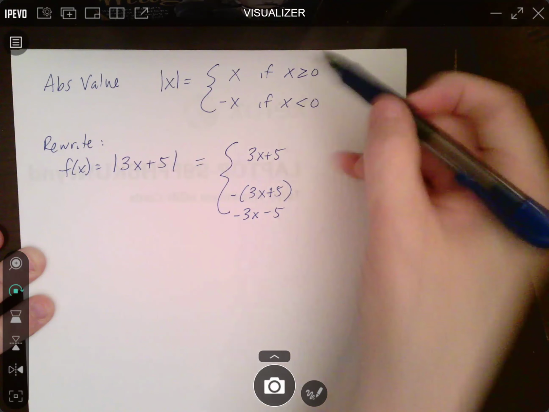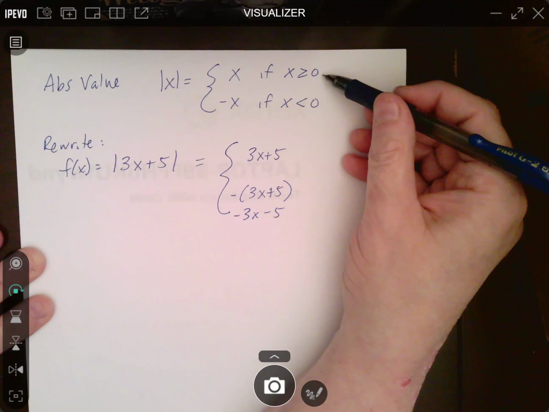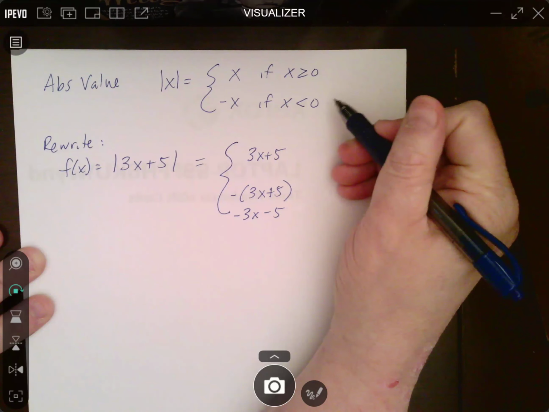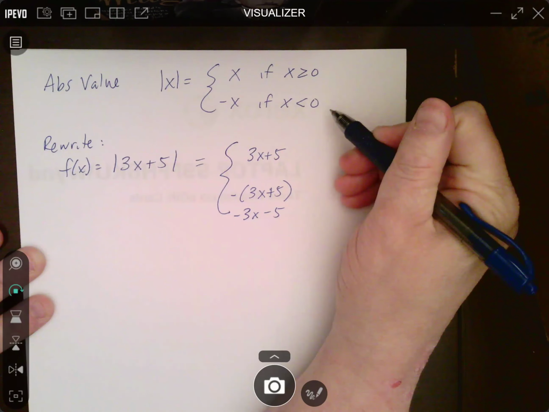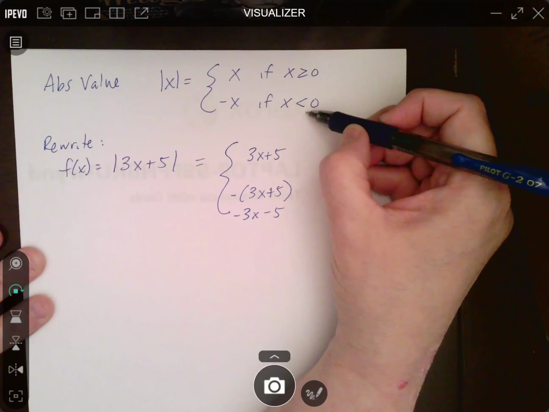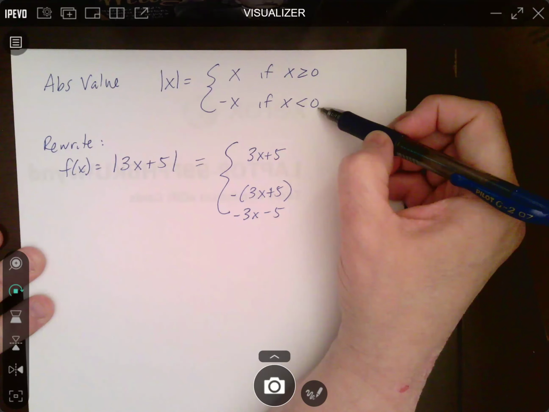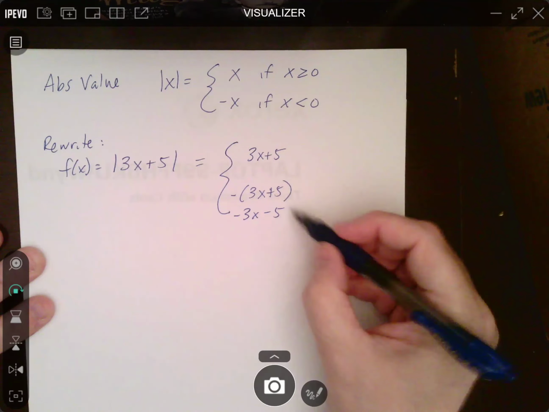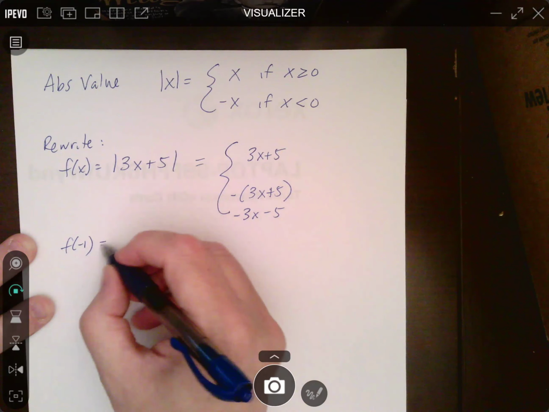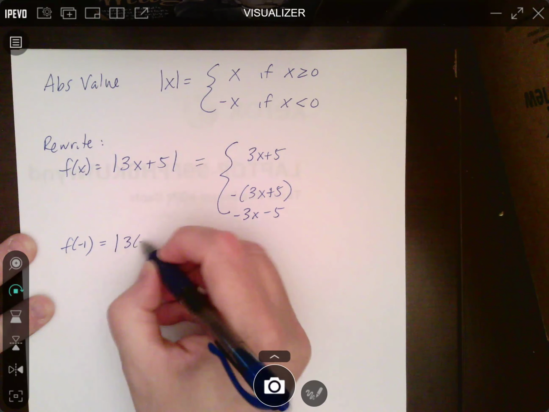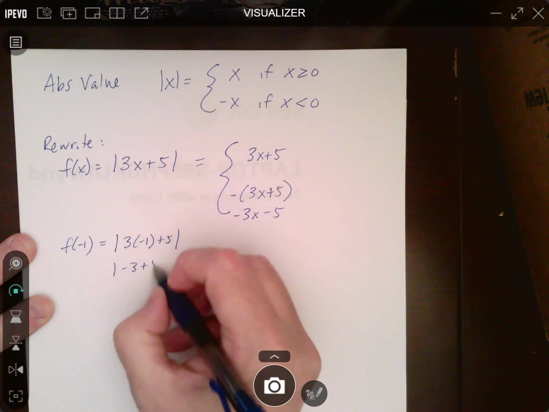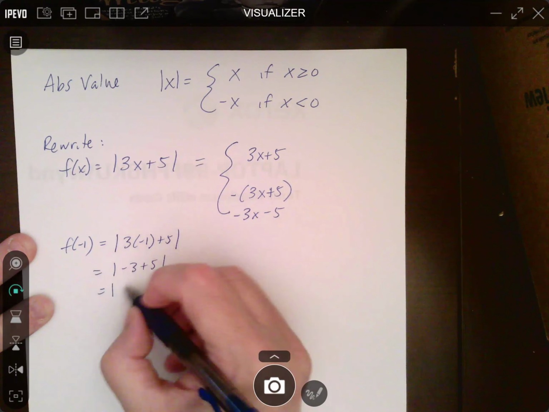If I try to use the same criteria as before, if I stick in -1, -1 would be in the bottom one, right? So if I did f of -1, what value do I get? I get 3 times -1 plus 5, which is -3 plus 5, which is the absolute value of 2.